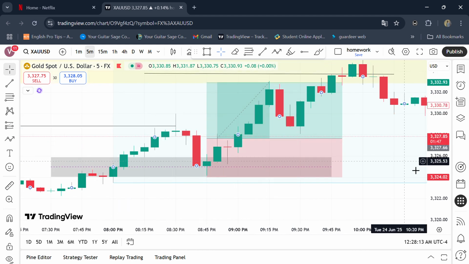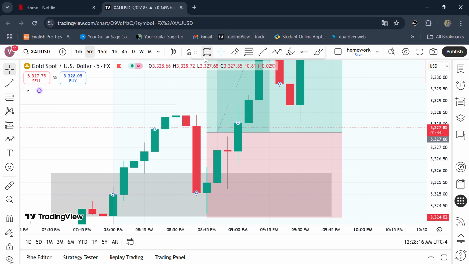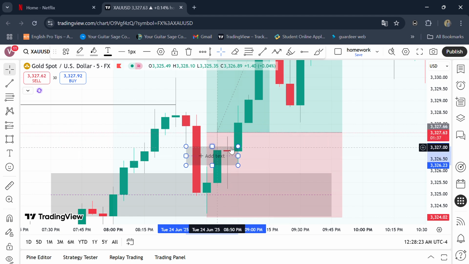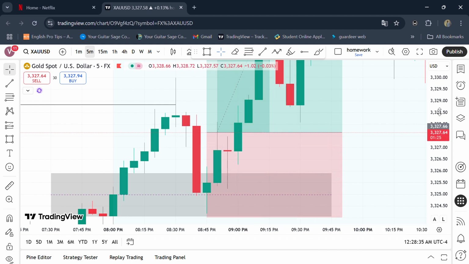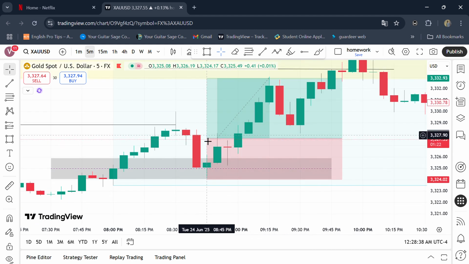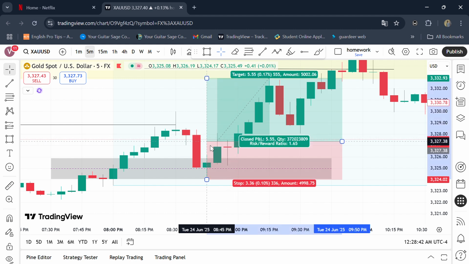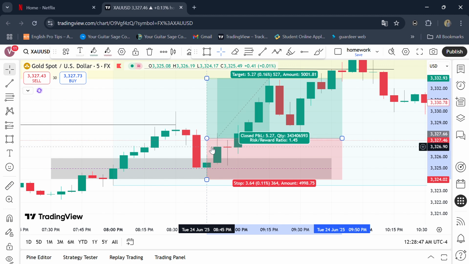Even though there was a small FVG here on the 5-minute time frame, the second candle was able to pierce through it, and the next candle stayed strong and did not close below that. That's why we were sure that it is about to go up from here onwards. I was a little late in my entry, or else this is where it would have been an ideal setup of 1:2, but I was a little late.